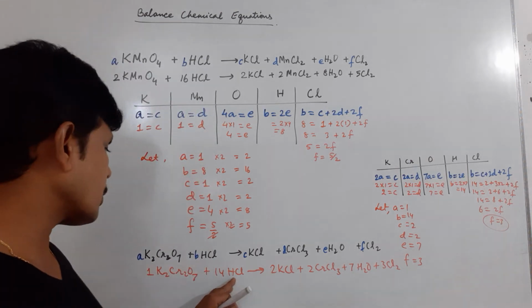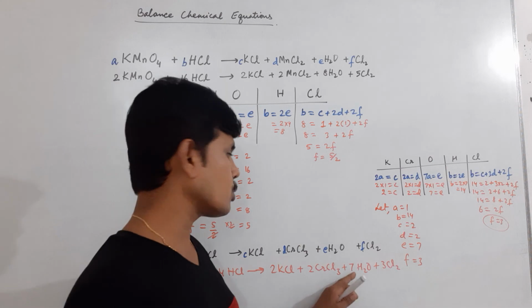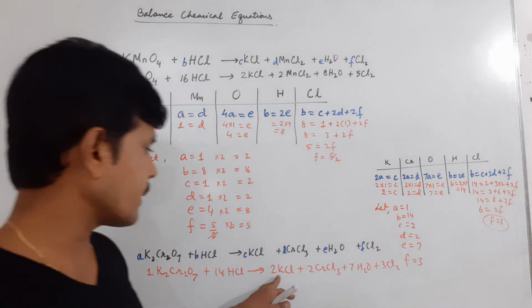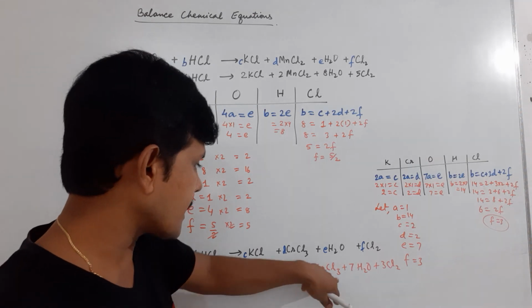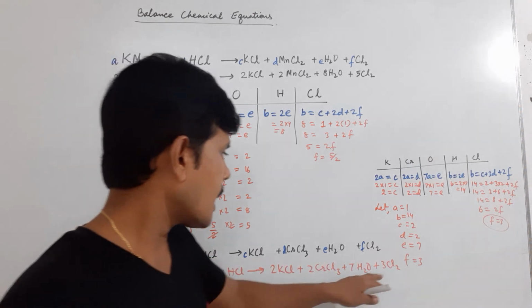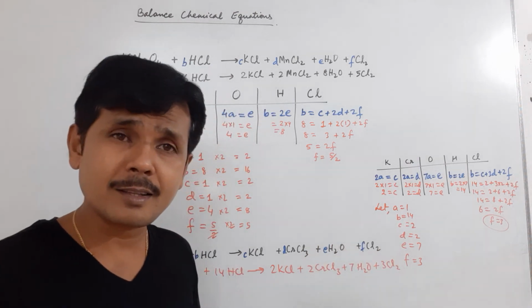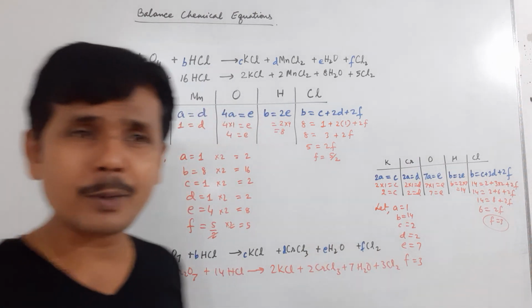Hydrogen: we have 14 atoms, 7 times 2 is 14. Next, chlorine: 14 atoms. We have 2 chlorine plus 6, 2 plus 6 equals 8, and over here 3 times 2 is 6. 8 plus 6 is 14. Yes, we have balanced it properly.